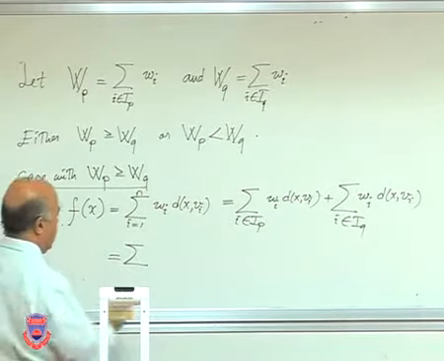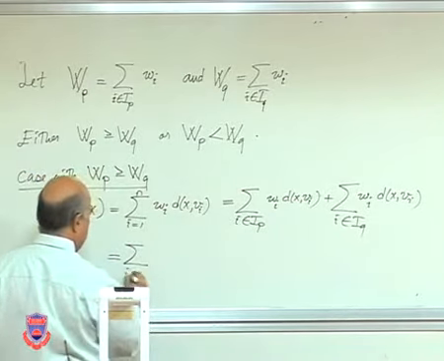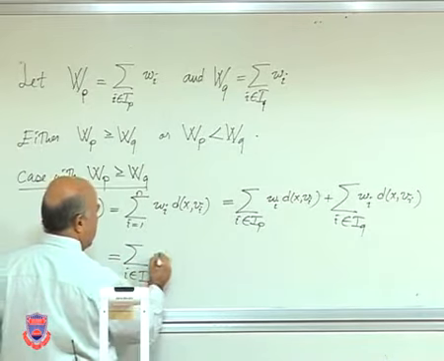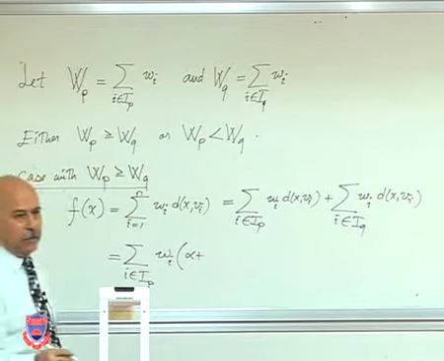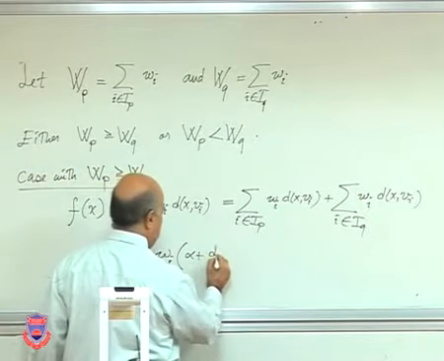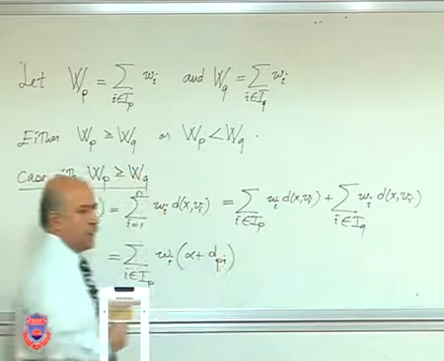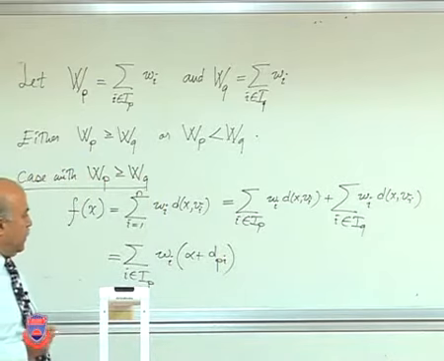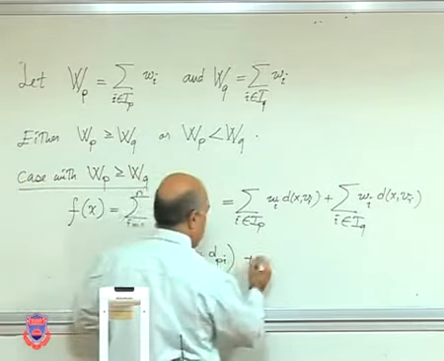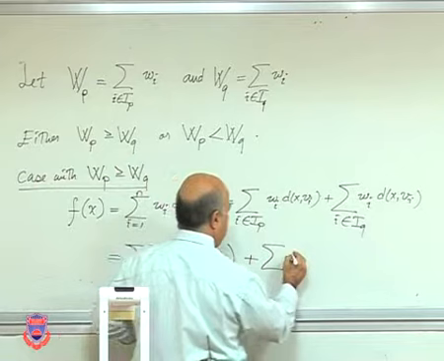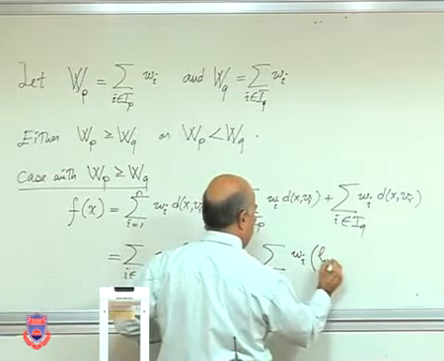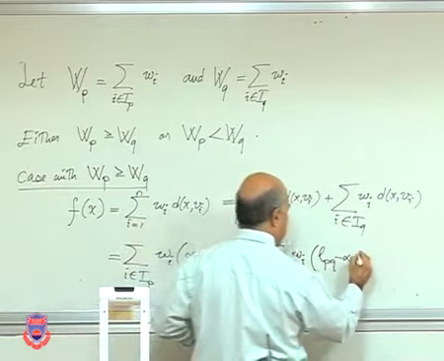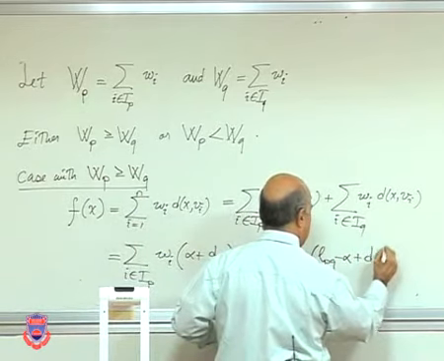Now, in the first set, the distances are defined by what? Alpha plus dpi. In the second set, the distances are defined by LPQ minus alpha plus dqi.